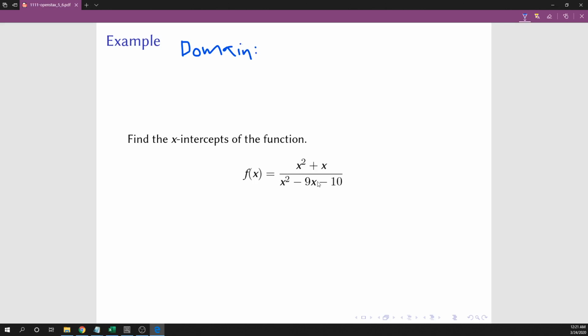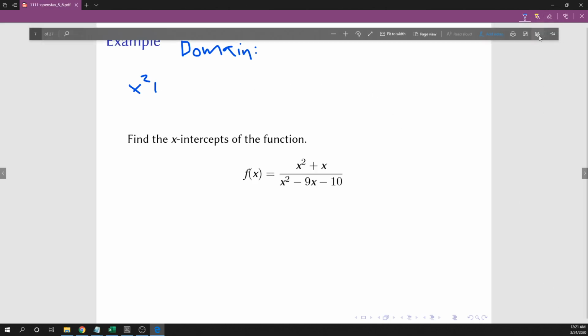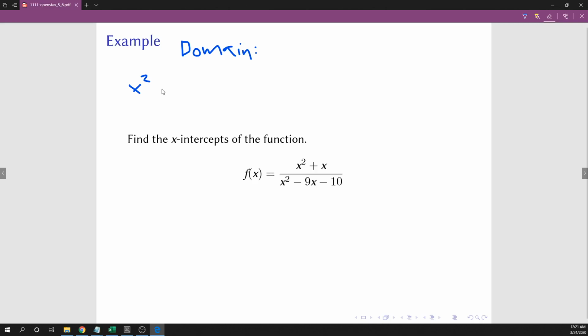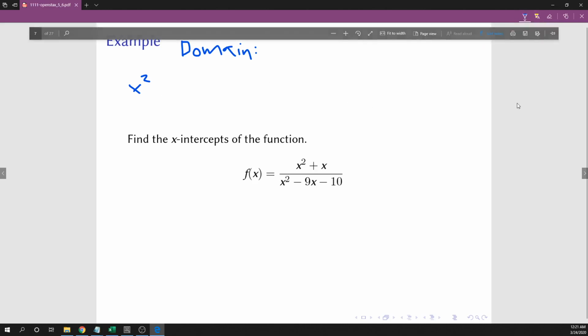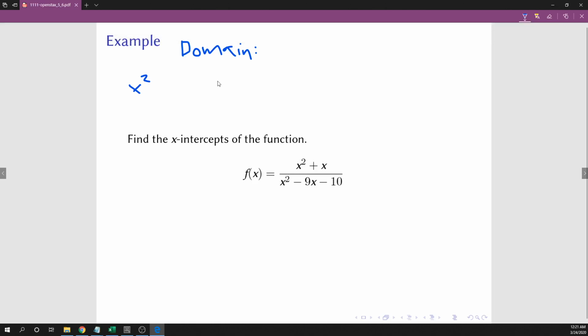And basically we just did that in the previous video, right? We know that we would solve x squared minus 9x minus 10 equals 0. So we'd set the bottom equal to 0 and solve that out.